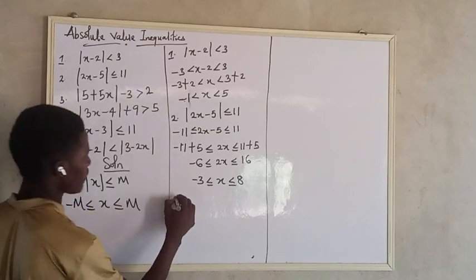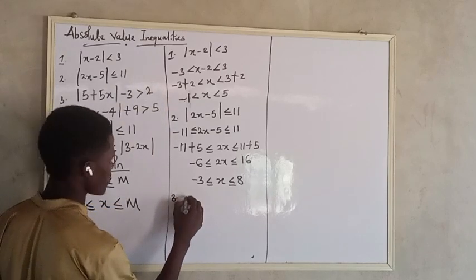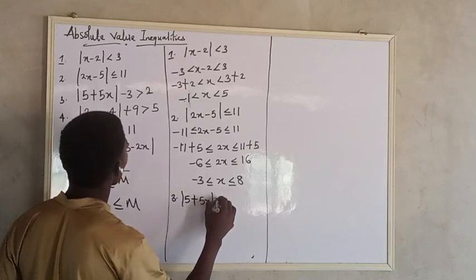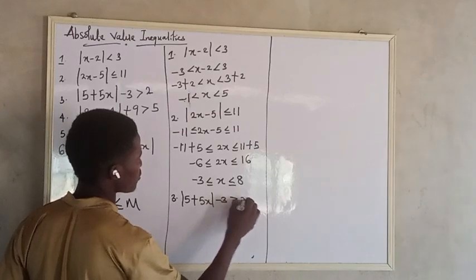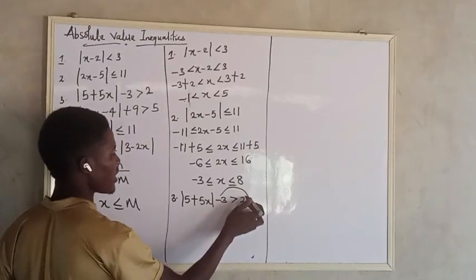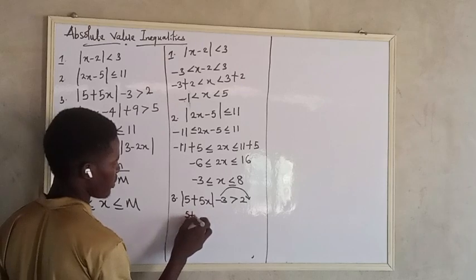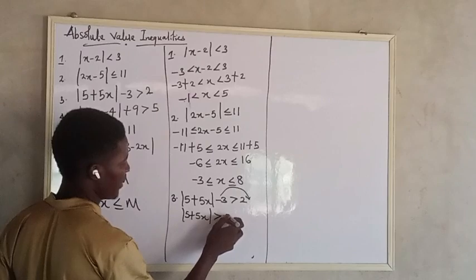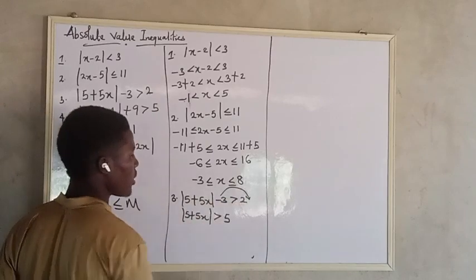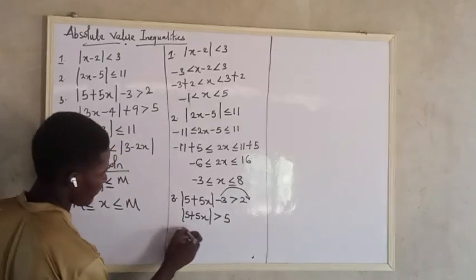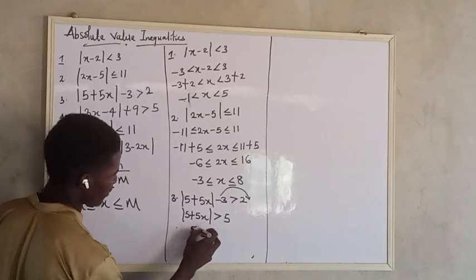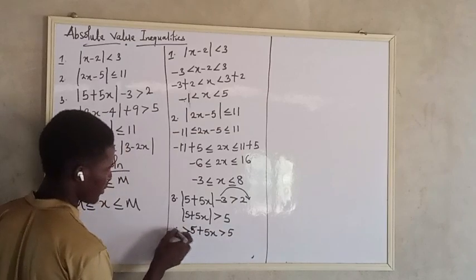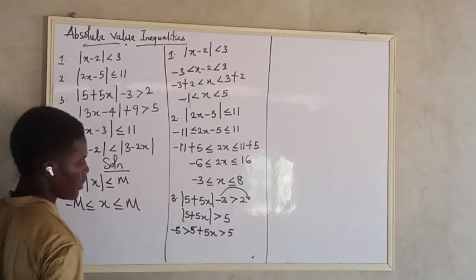I have number 3, which is the absolute value of 5 plus 5x minus 3 greater than 2. So first bring this to this side. So we have 5 plus 5x greater than 5, and this will come here and become plus. Then I'll now have 5 plus 5x greater than 5 and greater than minus 5.